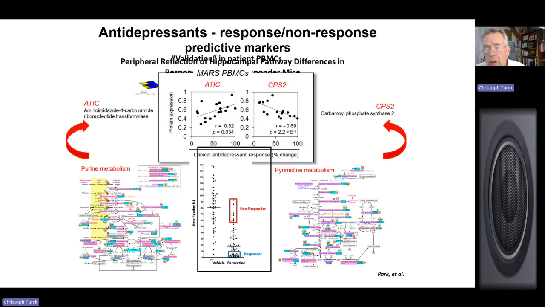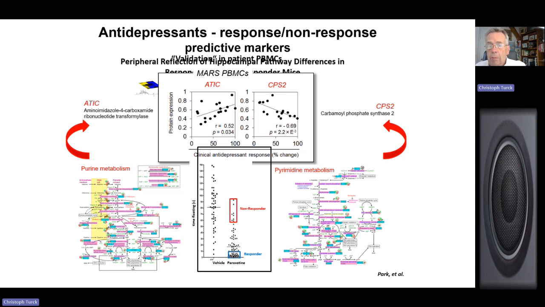So the good news here was that the differences that we found were not only present in the hippocampus, but also in the plasma. And Dong actually took it a step further, and it was the great thing about being at the Max Planck Institute of Psychiatry. We have an associated clinic, where patients are being admitted, and they're also being subjected to blood assays.